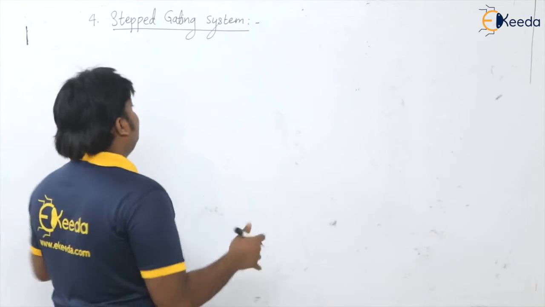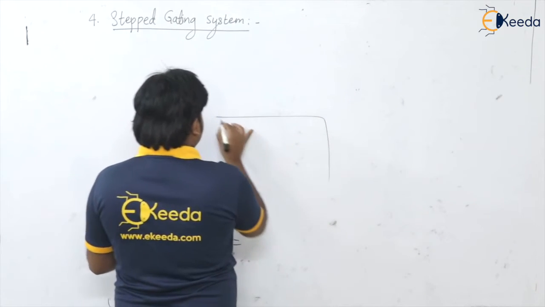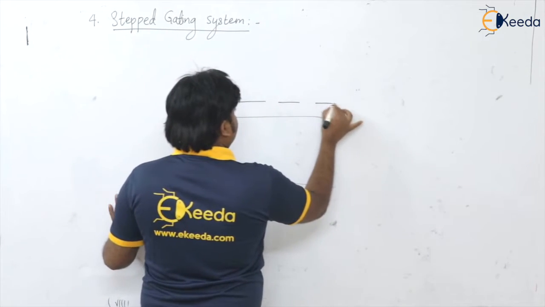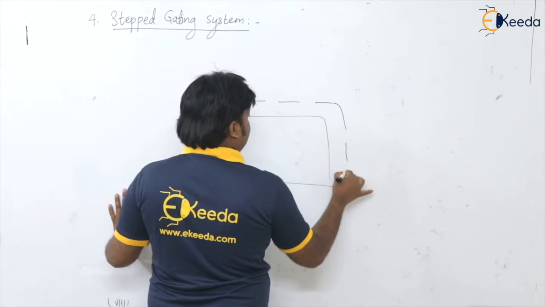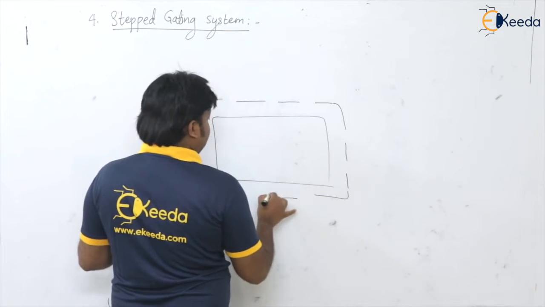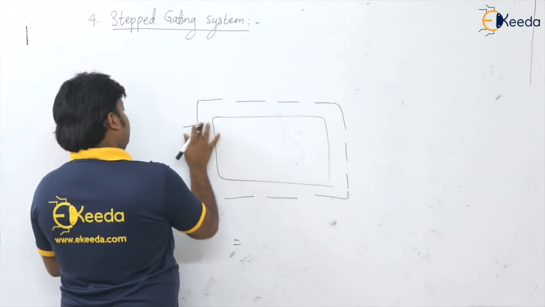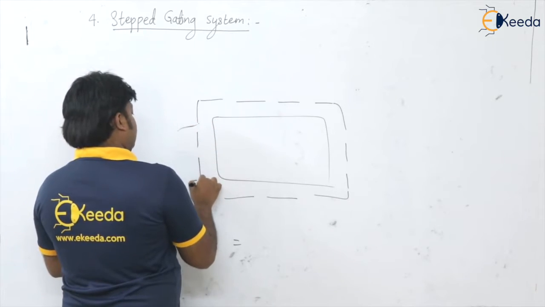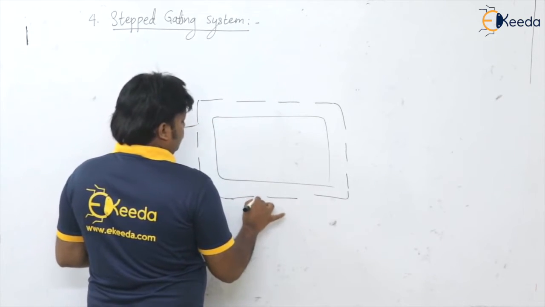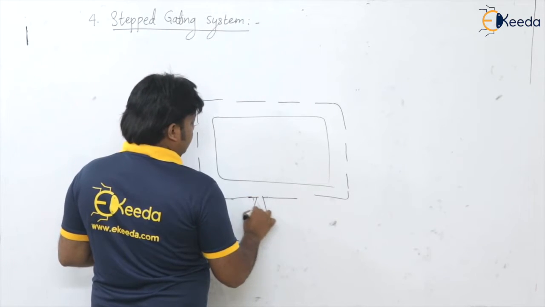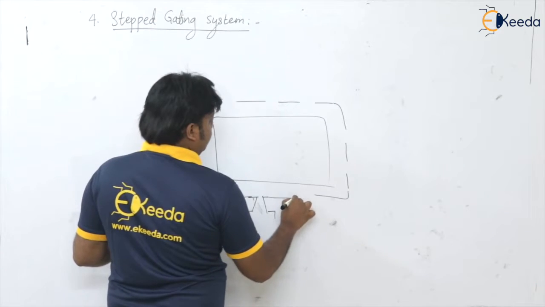So from the top view, you can see here, this is our casting and this is our gating system. So there are multiple gates we are providing. So see, it is in the horizontal plane I am showing you. So there are multiple gates that are available.